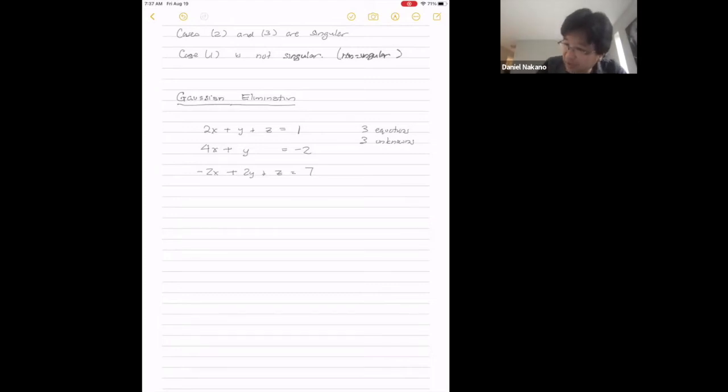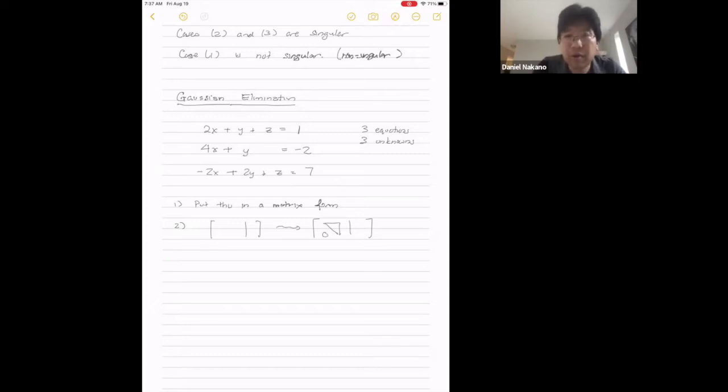Okay, so what's the idea? The idea is to first put this in matrix form. That's the first thing you want to do, and I'll show you how to do that in a second. The second thing you do is transform your matrix into something which looks upper triangular, with zeros down here.